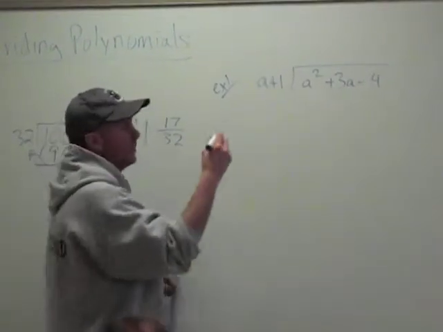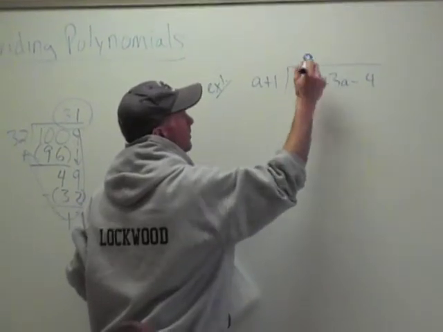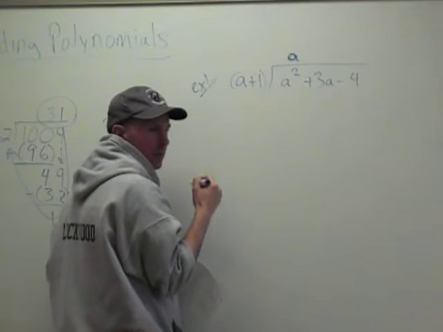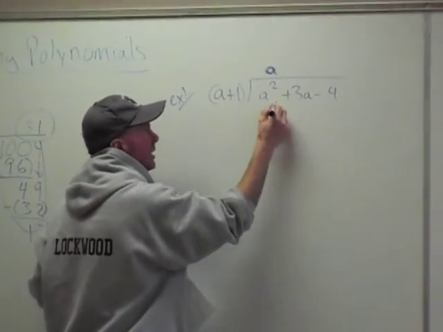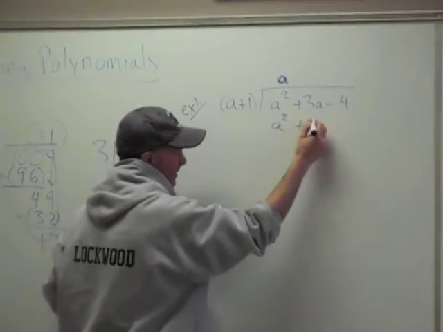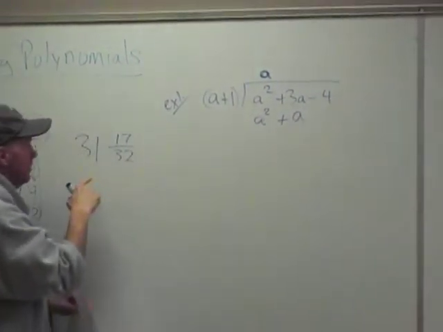Okay? So now you must take whatever you have up here and multiply it by the whole thing. Not just the a. What's a times a? a squared. And a times 1? a. Now what do we do over here?